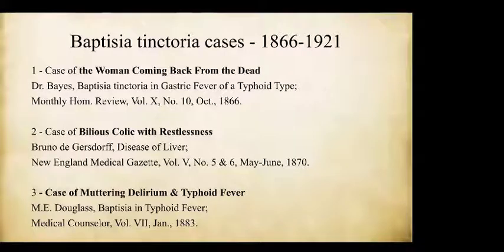And so it goes on. So the second comes from Gersdorf, and you see the title there, Disease of Liver, comes in the New England Medical Gazette, Volume 5, and so on and so on. Number 3, case of muttering delirium and typhoid fever. There you see the name of Douglas. That was also under Herring and Allen, to be found in a journal called The Medical Counselor.